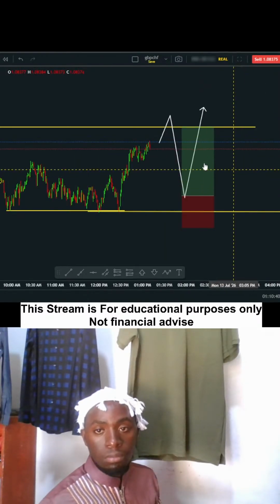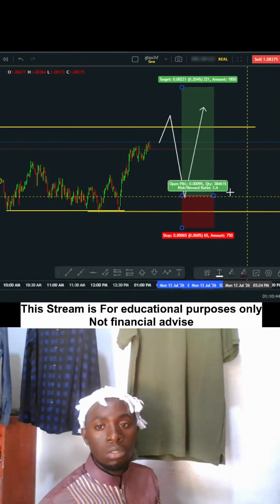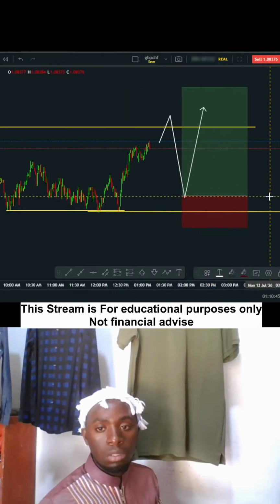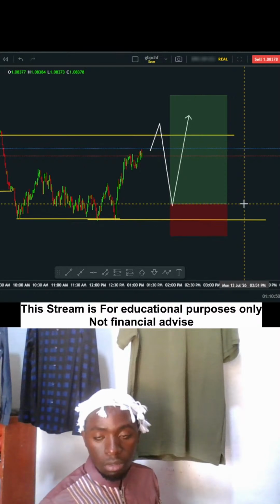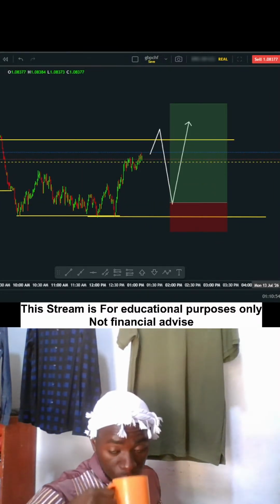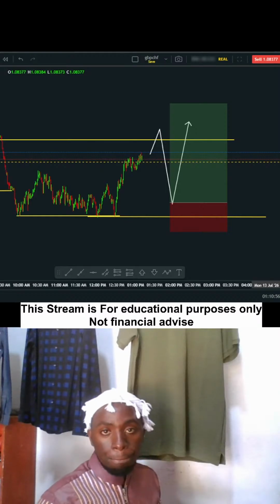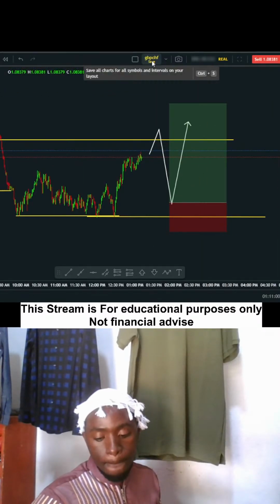And target where it would be. Okay, that would be the bias right there. This is on GBP CHF.